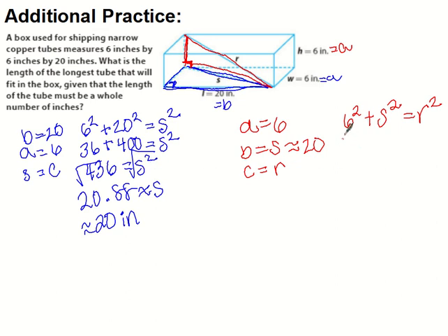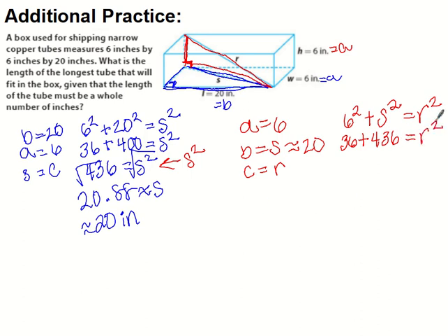So we can actually do 36 plus 436, because right here is S squared. And so I don't have to use the estimate, because if I have an exact number right here, I'm going to want to use it. And that's going to get us R squared.